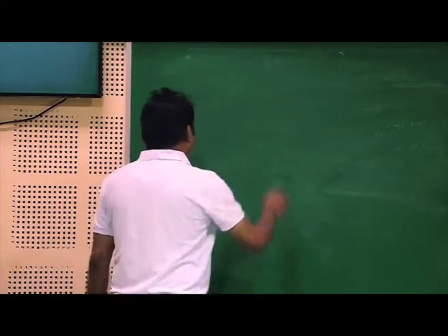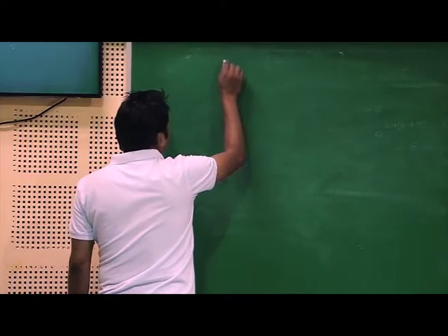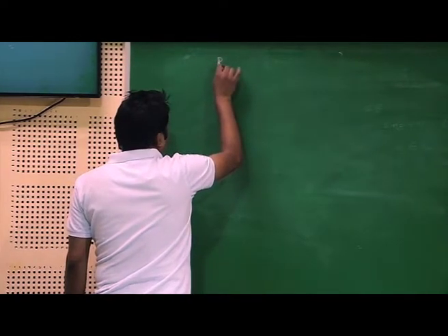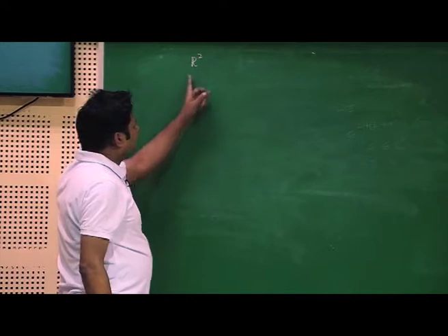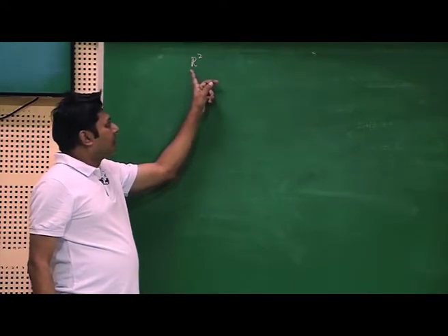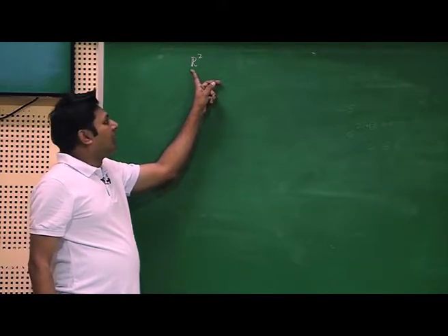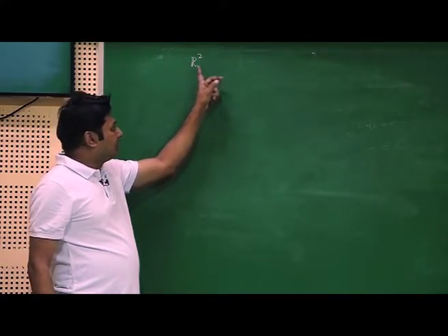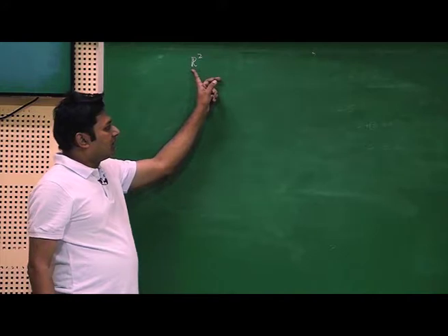For example, let us consider R2. This symbol suggests that I am dealing with some space. This is the Euclidean plane, where the vectors are defined.